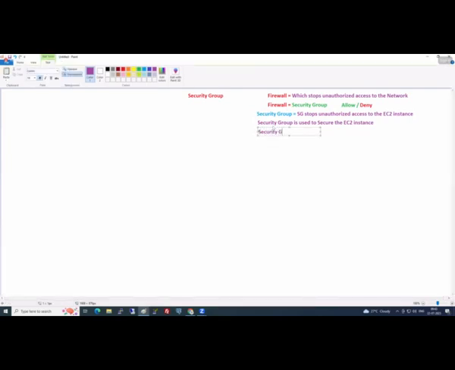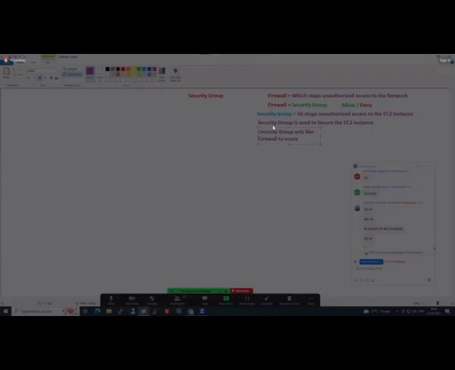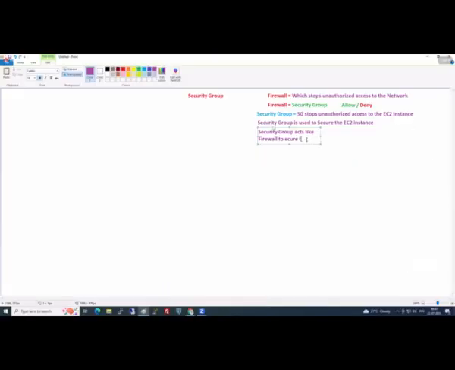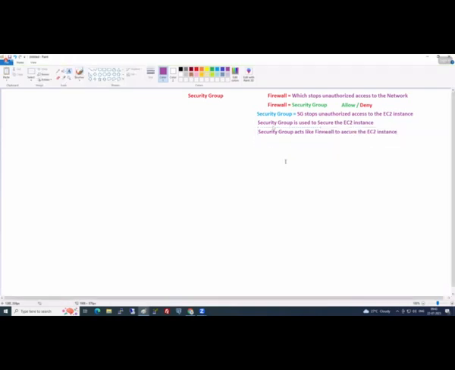Security group acts like a firewall to secure the EC2 instance. Okay. You're getting it, guys, everyone?